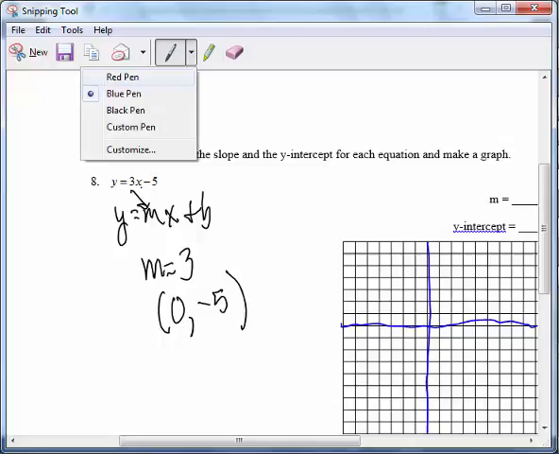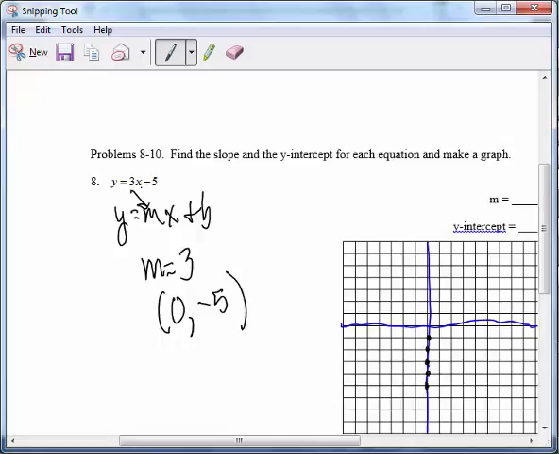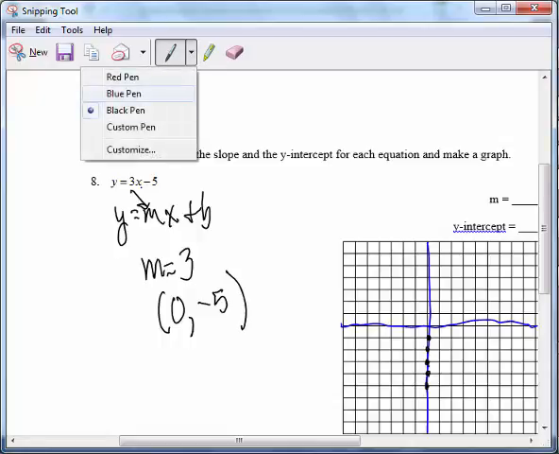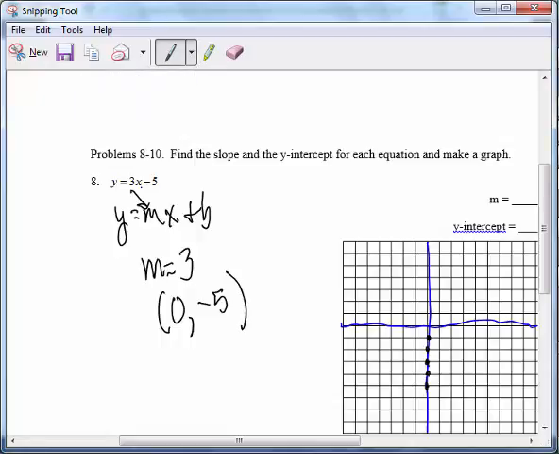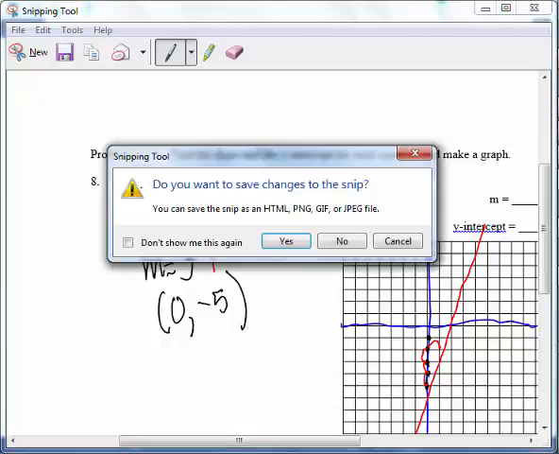So we're going to start out down 5, 1, 2, 3, 4, 5, and from there go up 3, 1, 2, 3, forward 1, because our slope is 3 over 1. And if you notice, we are indeed going uphill. Next one.